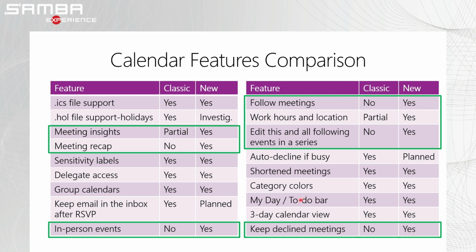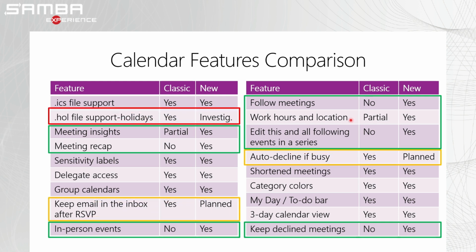And of course, things that I mentioned before, in-person events, keep declined meetings, and edit this and following, work hours and location have better implementation in new Outlook as well. Keep email in the inbox after RSVP is coming soon, as well as auto decline if busy. And the only difference is holiday file support, which is under investigation.